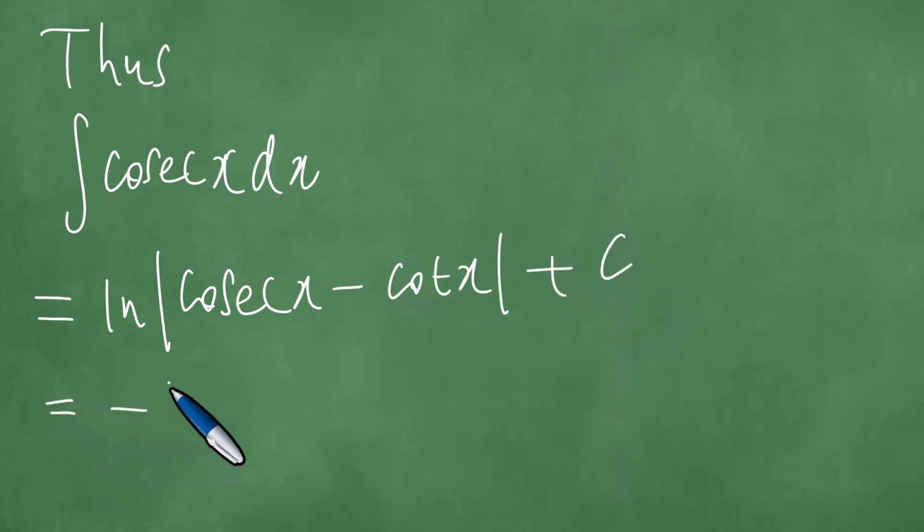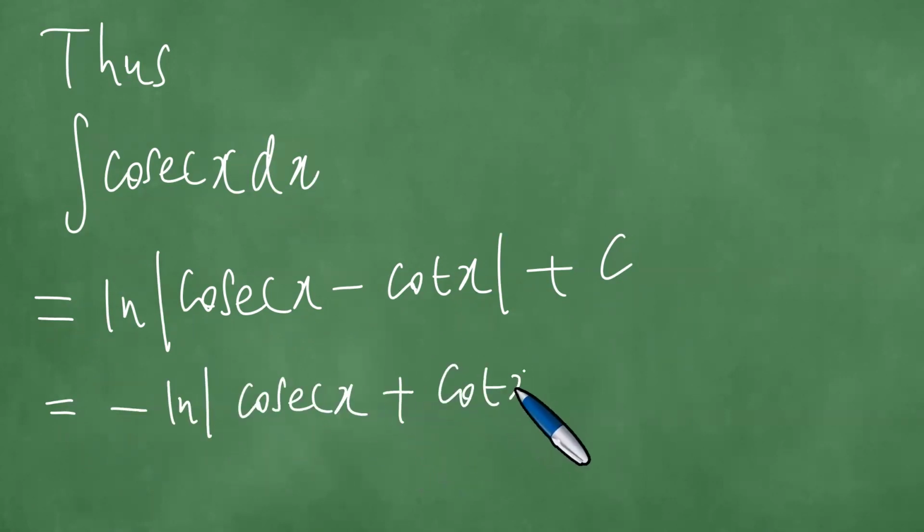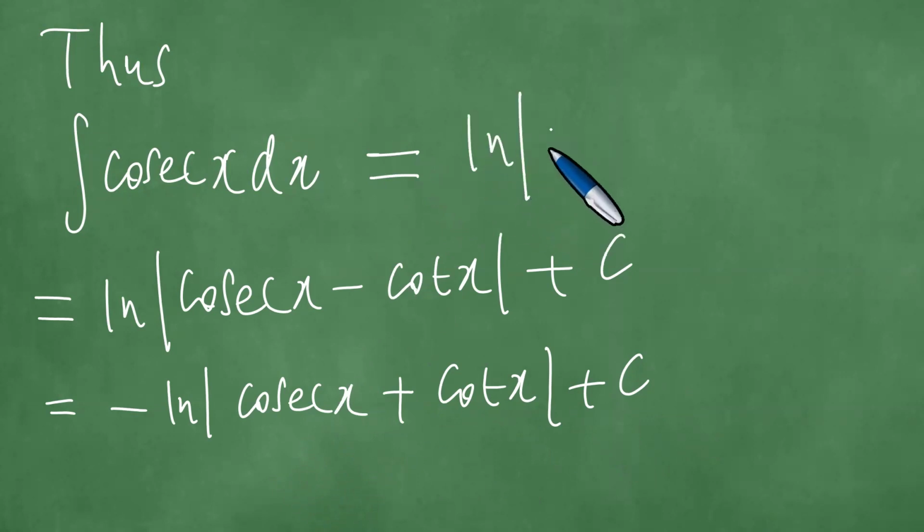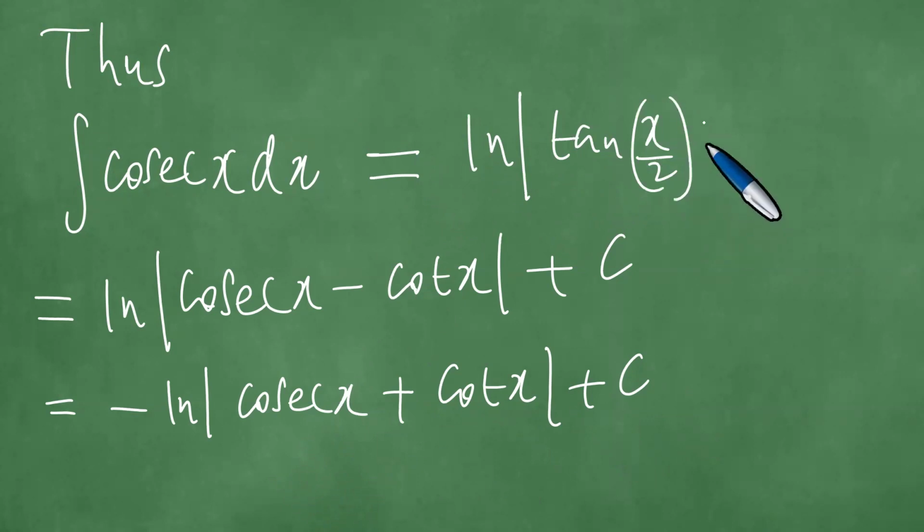The second result is the cosecant of x plus the cotangent of x plus c. And also, we saw that this integral is the natural log of the tangent of x over 2 plus c. So we've got these 3 results, but all these are equivalent.